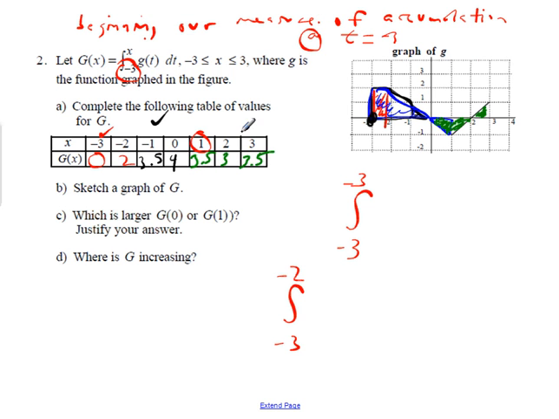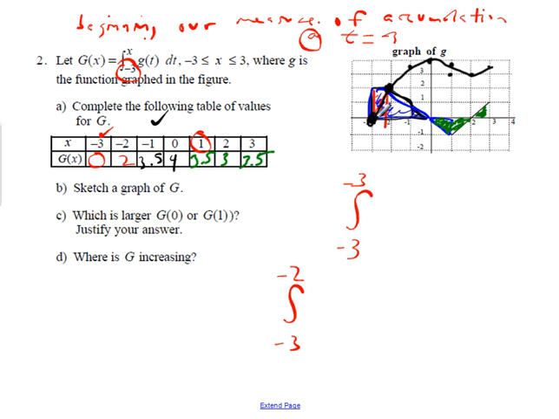And when x equals -2, we're at 2. -1, 3.5. 0, 4. 1, 3.5. Oops, that's right there. 2's at 3. And 3's at 3.5. So it's going to look something like that. That's what my g function looks like.